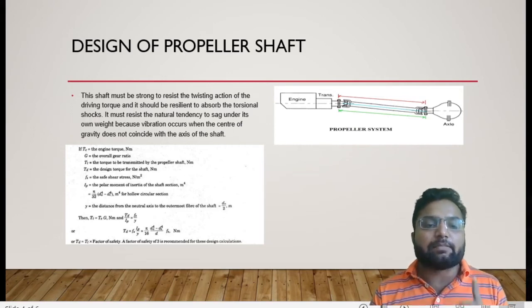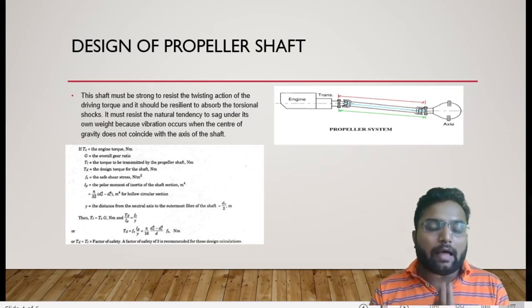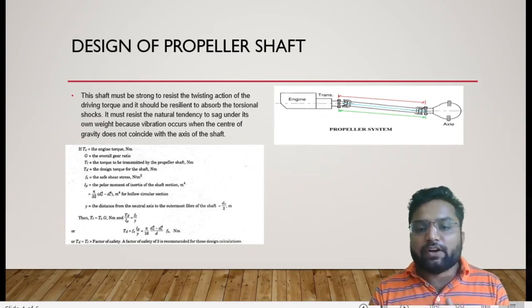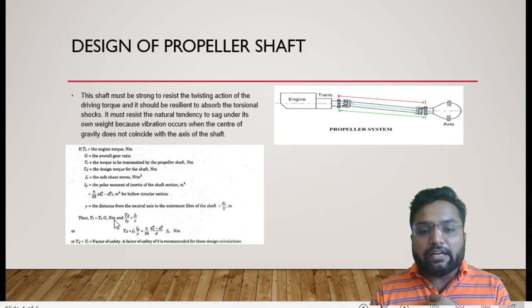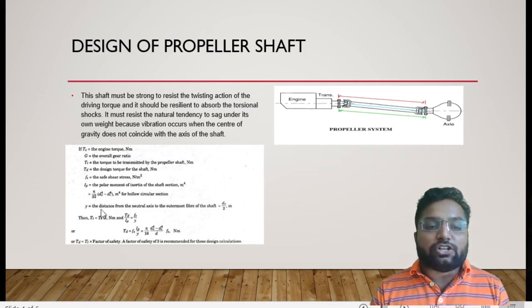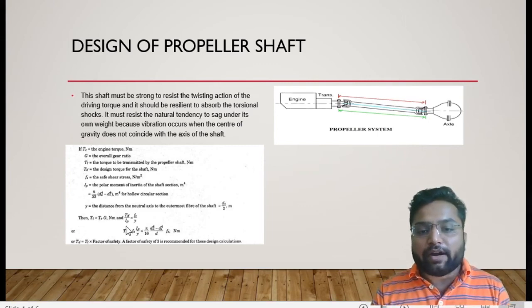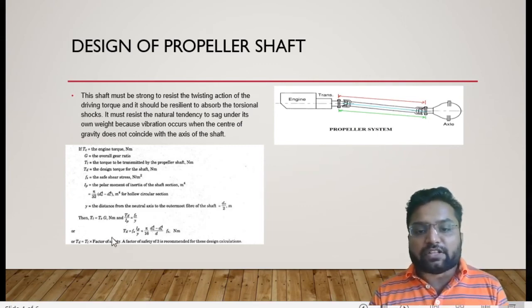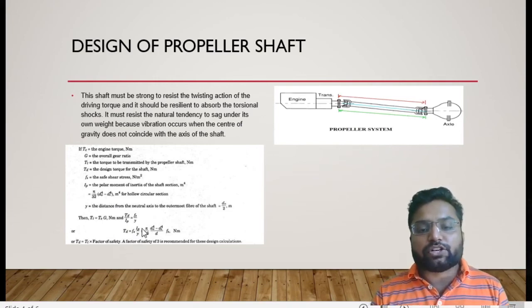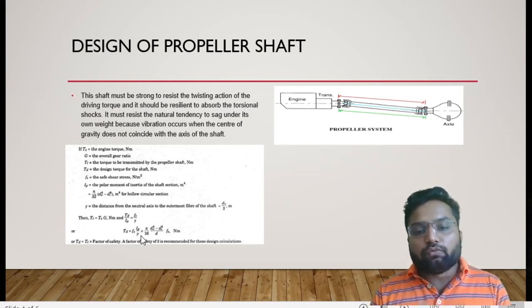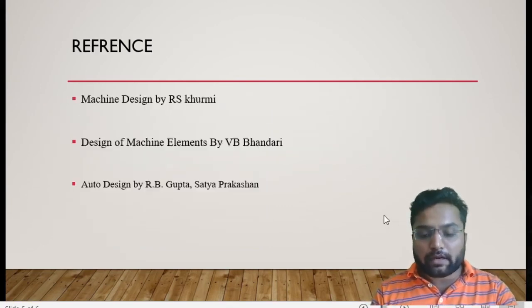Ultimately, this equation is dictated by T by J is equal to tau by r is equal to G theta by L. And from that equation, we have determined here, you can see, TD divided by IP is equal to shear stress upon Y. Where TD is nothing but our engine torque into gear ratio. Clear? The final equation is TD equal to shear stress into pi by 16 into do raised to 4 minus di raised to 4 upon do. I hope you got the point clear of this.